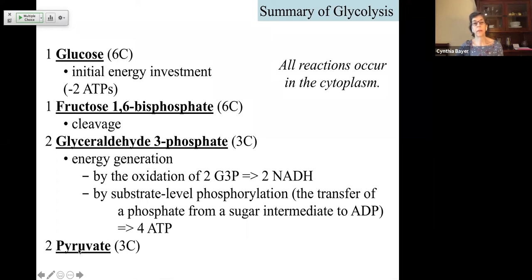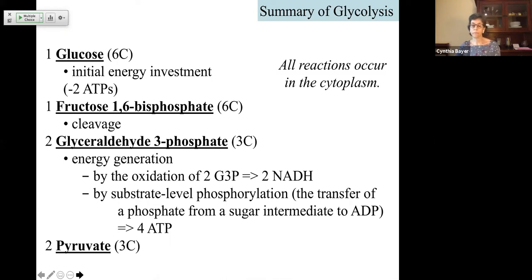And then we end up at the very end with 2 molecules of our 3-carbon pyruvate. So as we go through the steps, you don't need to memorize the molecular structure. You don't need to memorize the name of the enzyme, but I do want you to know what are the substrates and what are the products of each stage and what type of reaction is occurring.